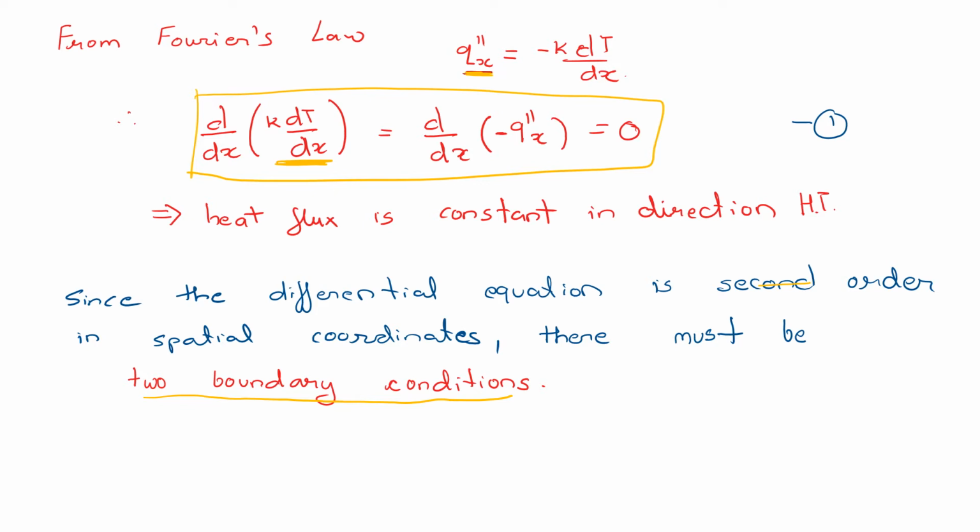If we did not have a steady state scenario, and if we had a del T by del t term on the right hand side, we would also need an initial condition. So if we have a 1D equation and it's a second order ordinary equation, we need two boundary conditions, and if it is not steady state and we have a time dependent term, we need one initial condition.